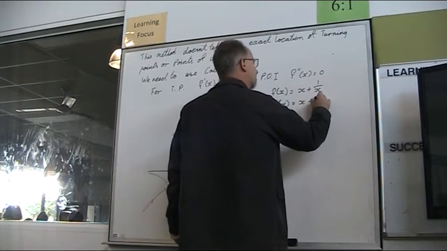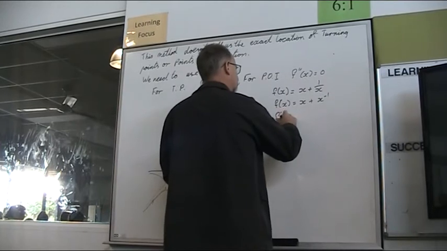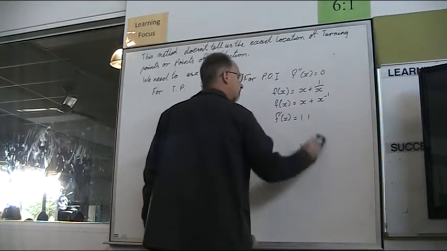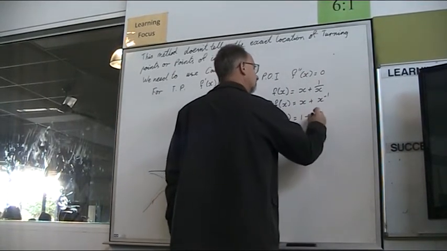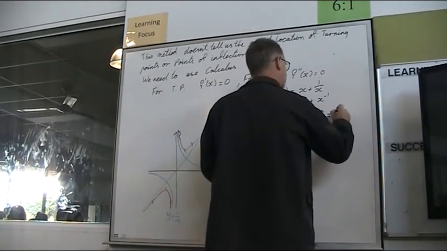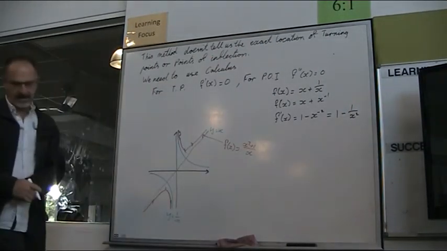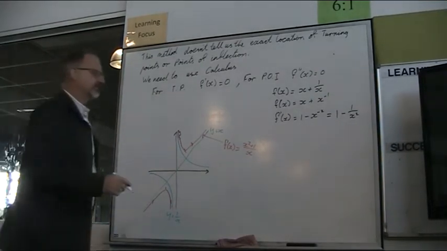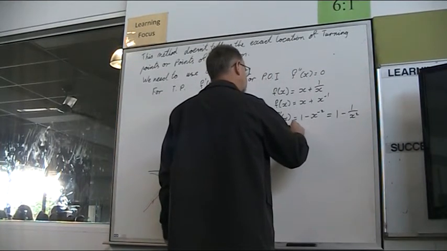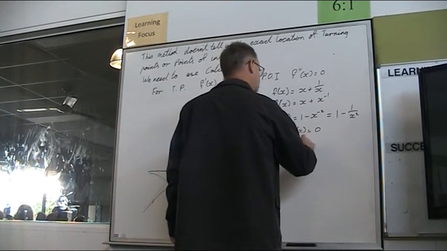So rewrite 1 on x as x to the minus 1. So the first derivative is 1 minus 1 on x squared. And if that equals 0, so for our turning point, f dash x is 0, so 1 minus 1 on x squared equals 0.